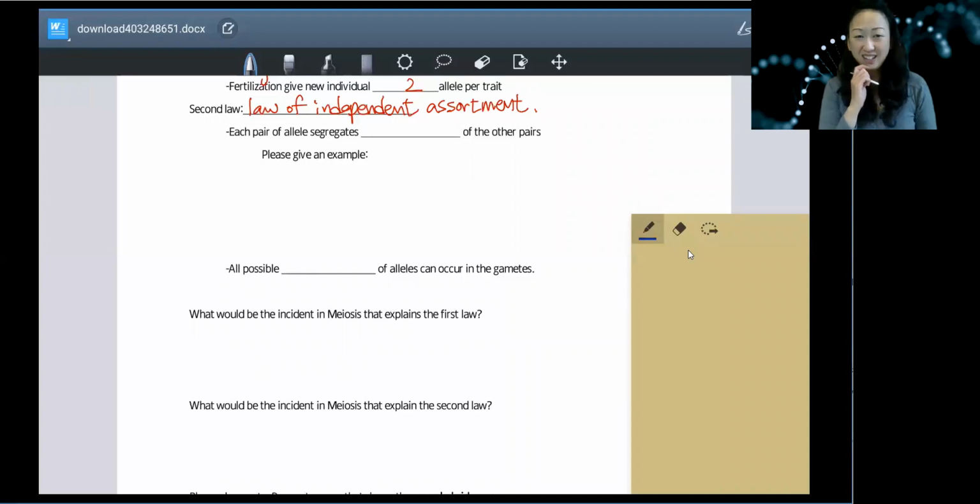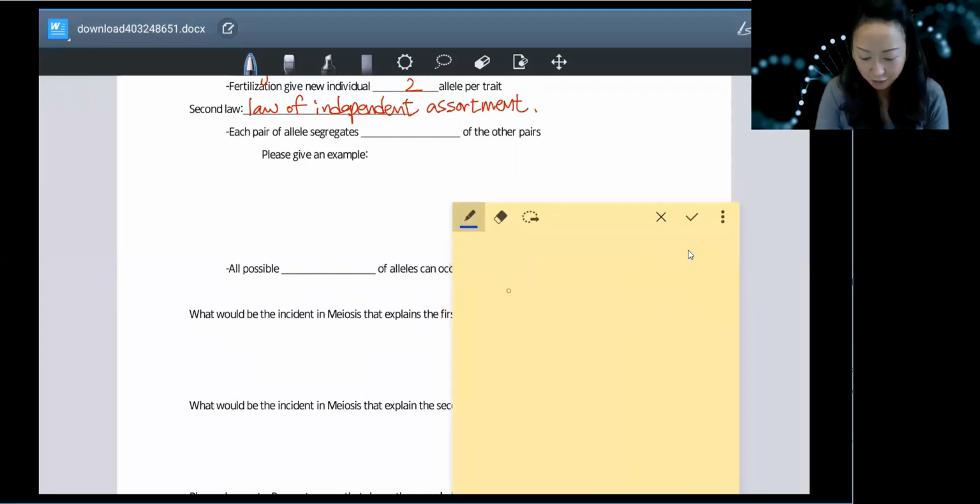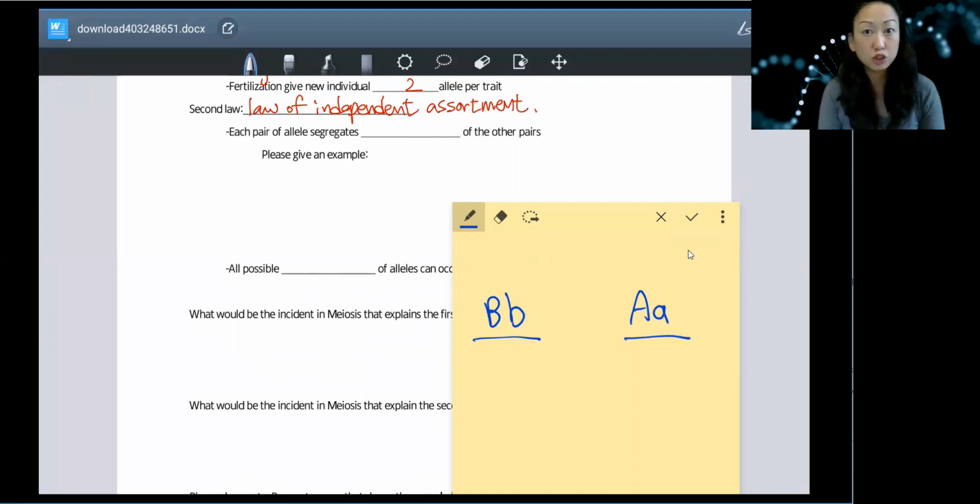What is this law? Well, this is telling us about each pair of alleles. What is each pair of alleles? That means I have a pair of alleles here for my hair color, and potentially I have another pair of alleles here for another trait, let's say my eye color.